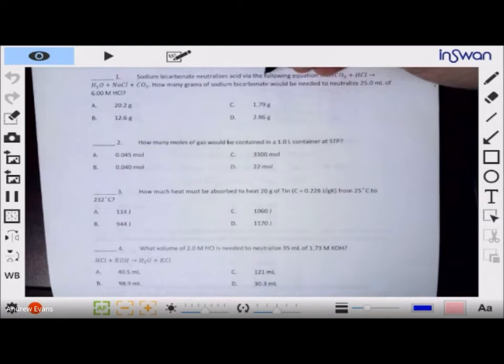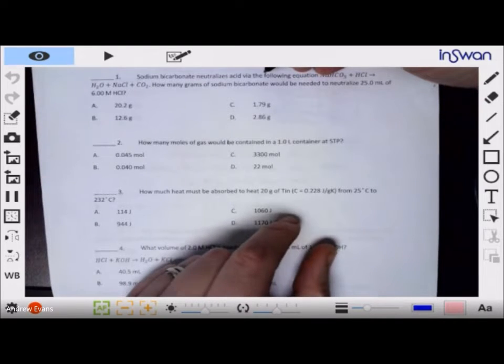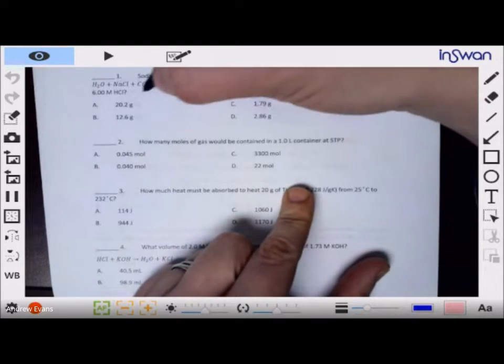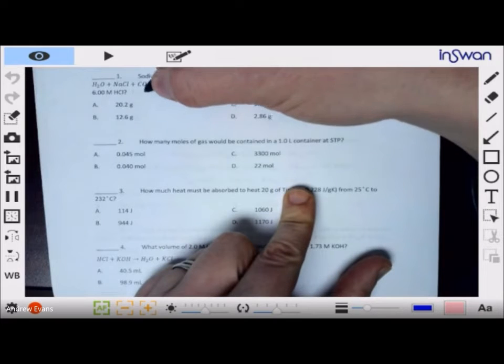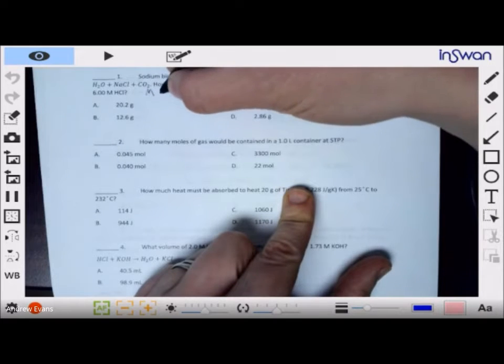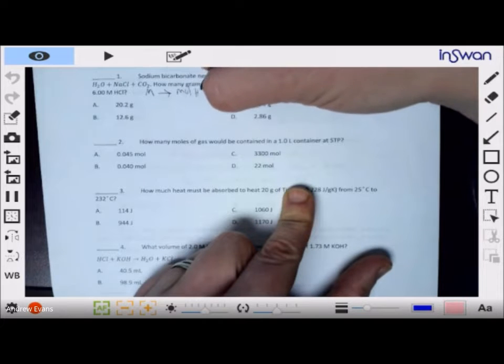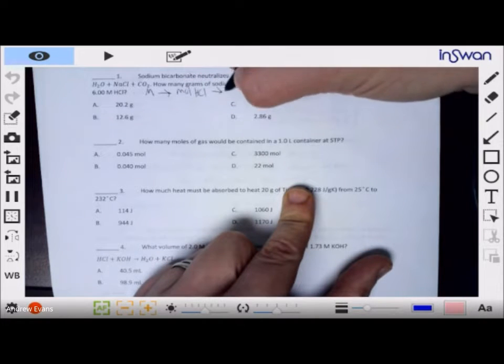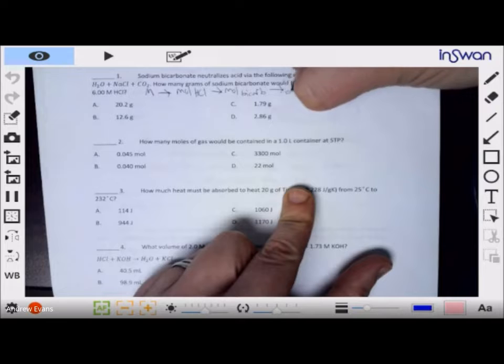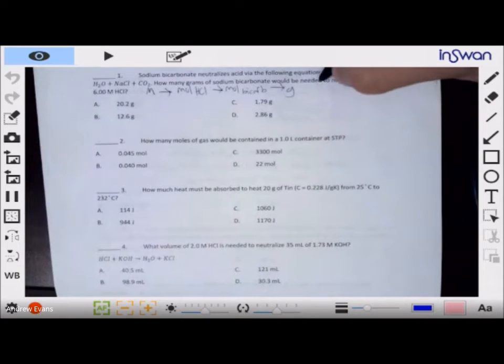Now, how many grams of sodium bicarbonate would be needed to neutralize 25 mL of 6 molar HCl? So we're going to turn molarity of HCl to moles of HCl to moles of bicarbonate to grams of bicarbonate. The first step is to find the moles.